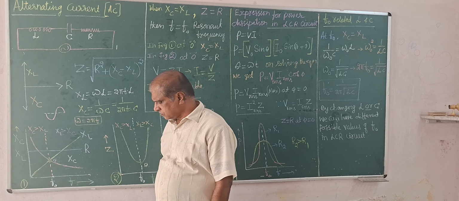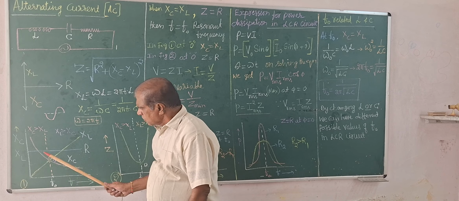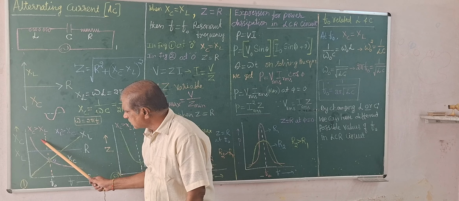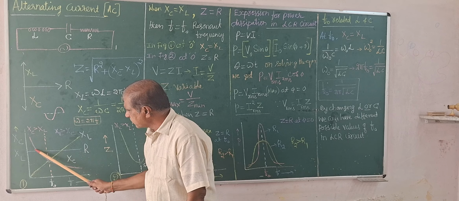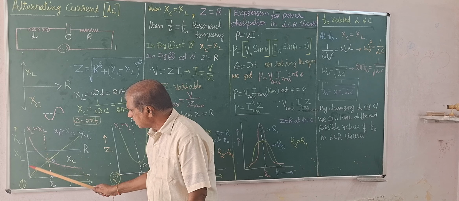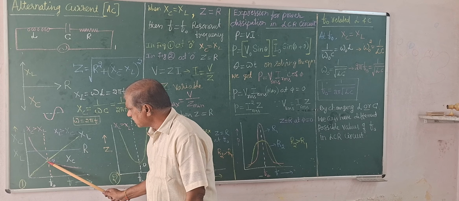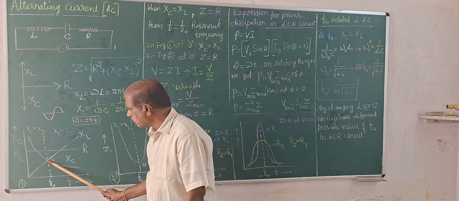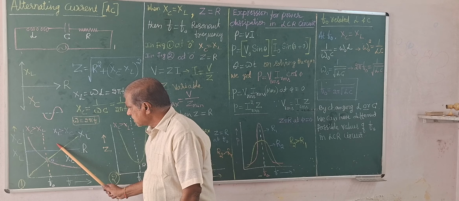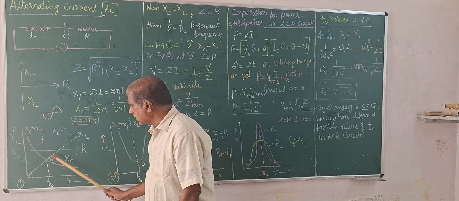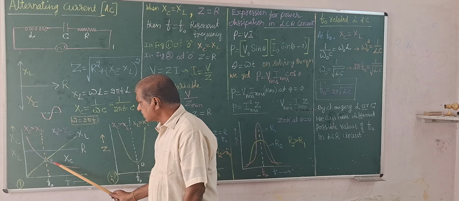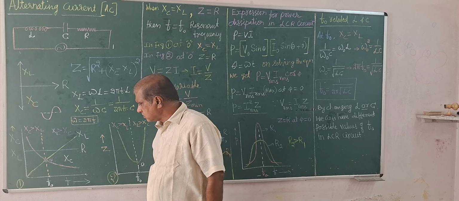In this graph, we can understand on the left hand side, all the values of XC are greater than the values of XL up to this point. On the right hand side, all the values of XL are greater than all the values of XC. This is the portions we are dividing this.